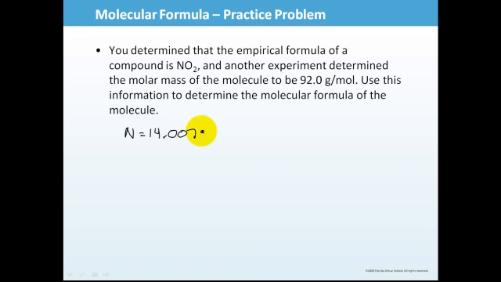14.007. There's only 1 in the formula, so that stays 14.007. We do the same thing with the oxygen. Again, our oxygen is 15.999.